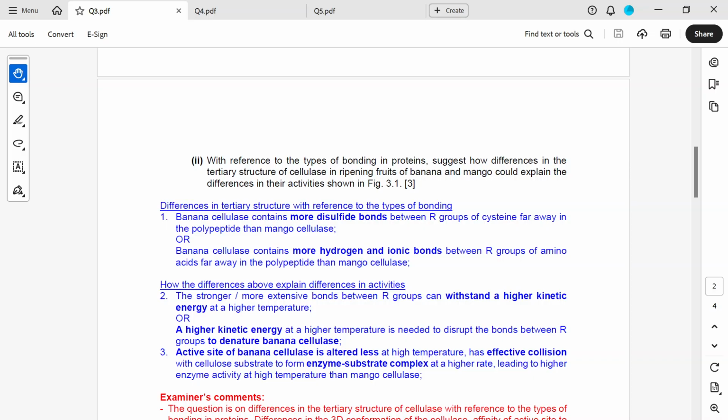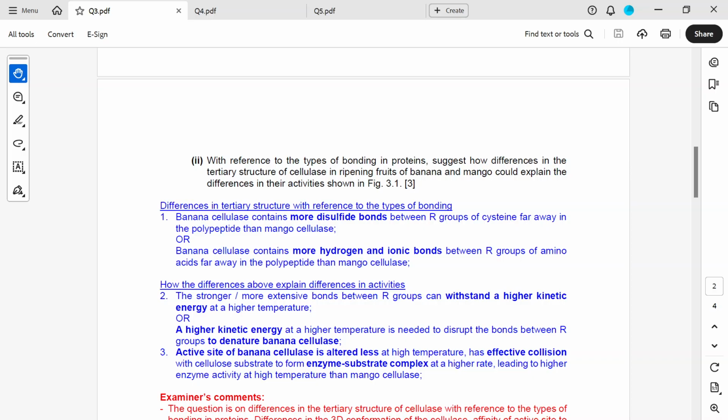So you state those differences first, then you use those differences to explain the differences in the activities as shown in figure 3.1, how the banana cellulase has a higher optimum temperature and a higher maximum rate of activity, based on differences in the types of bonding in the tertiary structure.